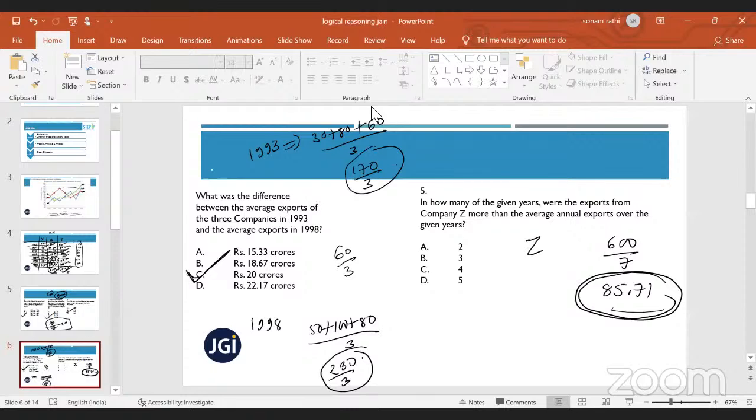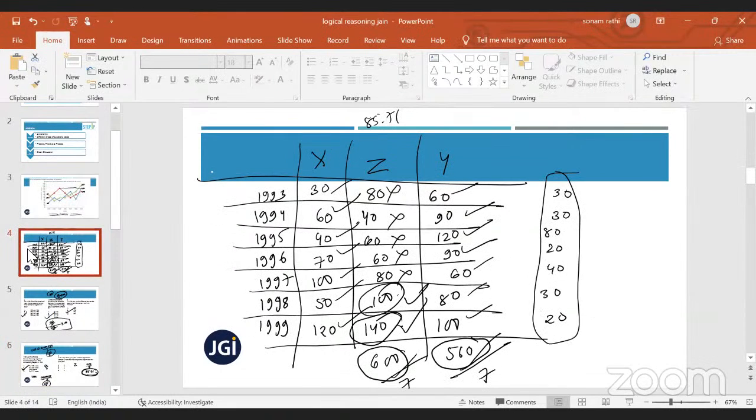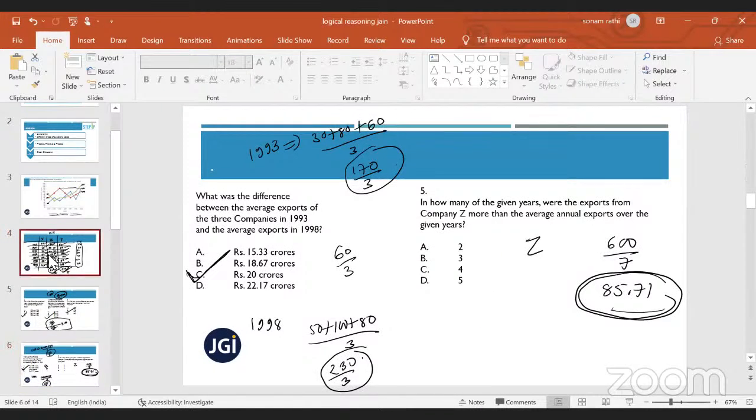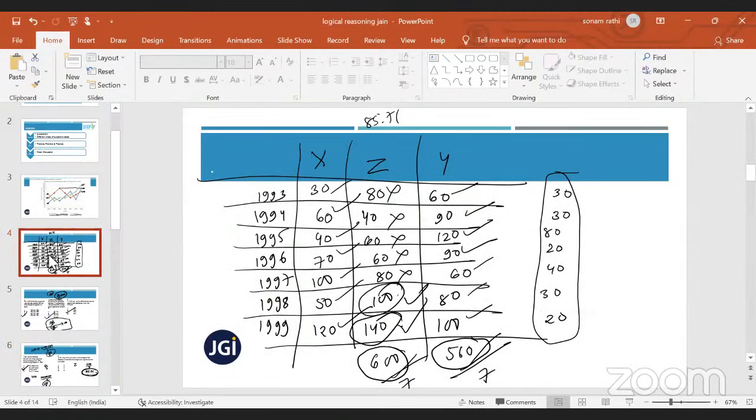But the correct answer option is different.